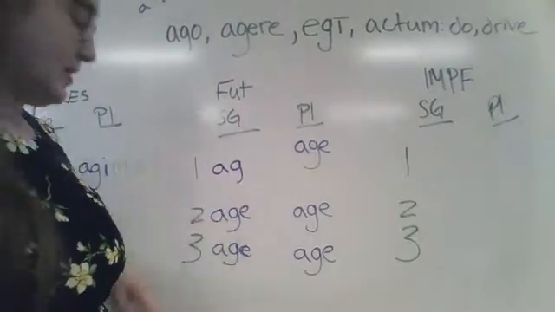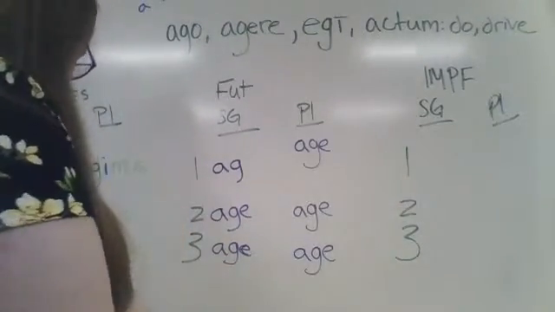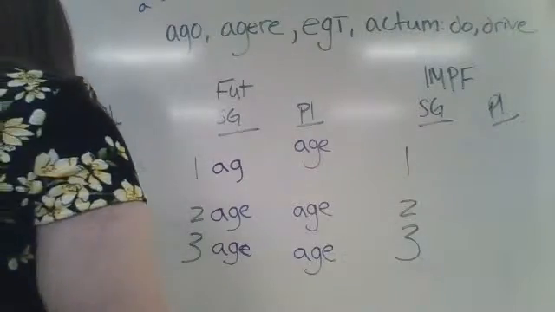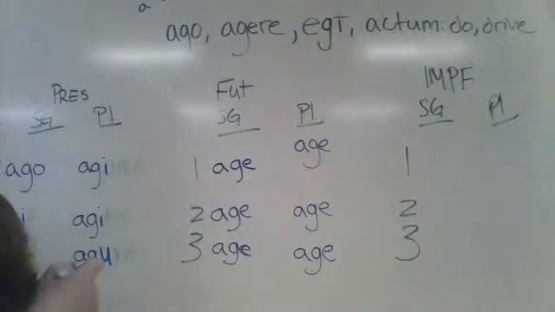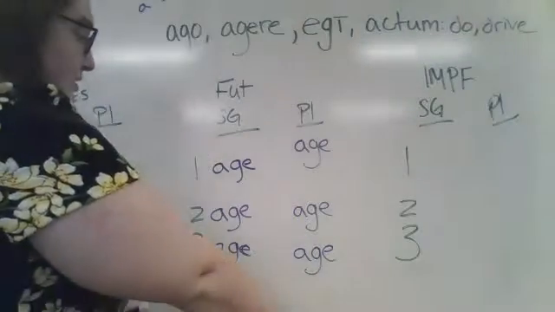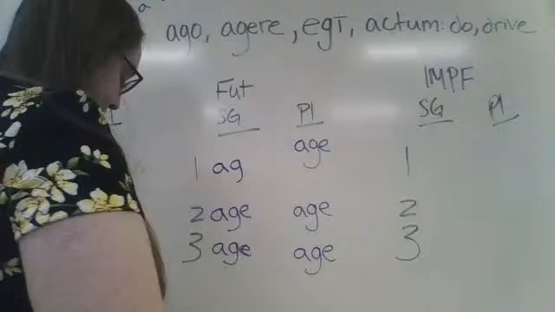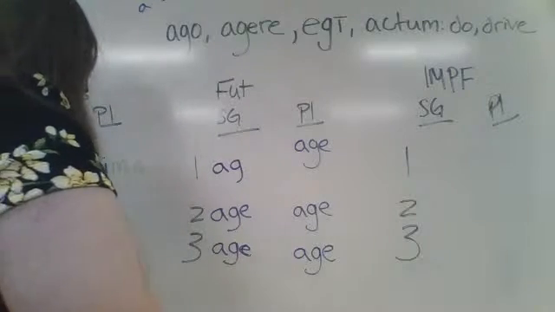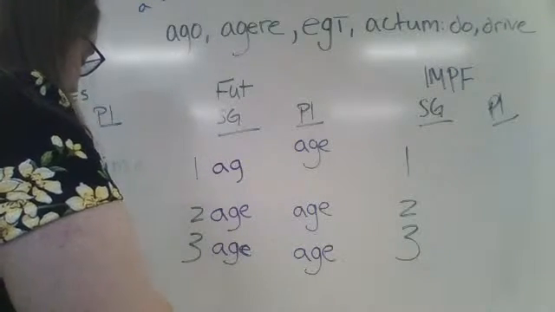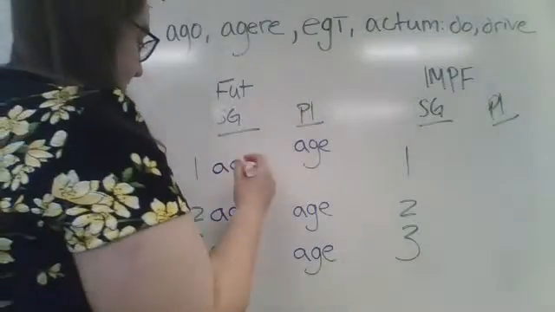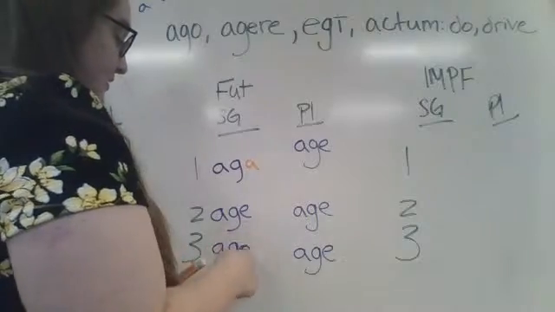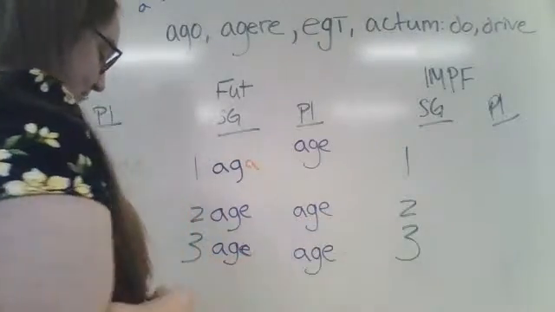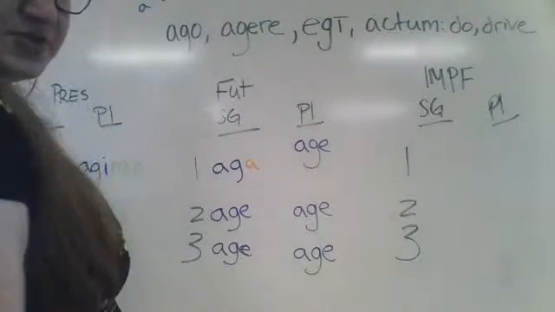So notice that when I wrote this, I left out the E. Now, when you're filling this out, you can write the E, but then you have to note that this is third conjugation. You have to erase that E. You have to add A and leave the E, E, E, E, which makes it future.